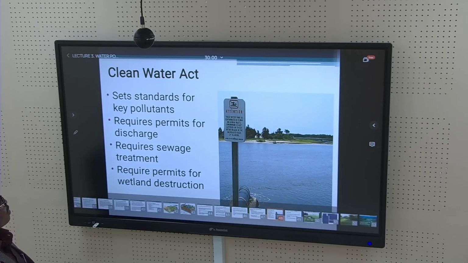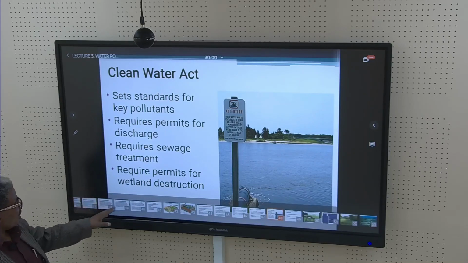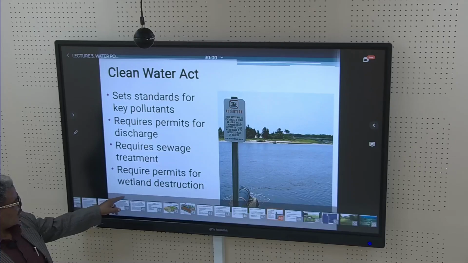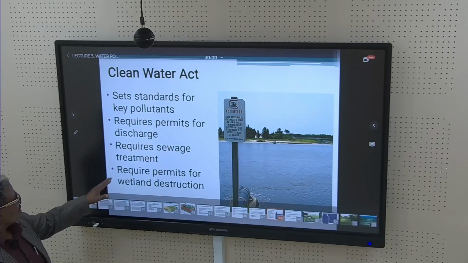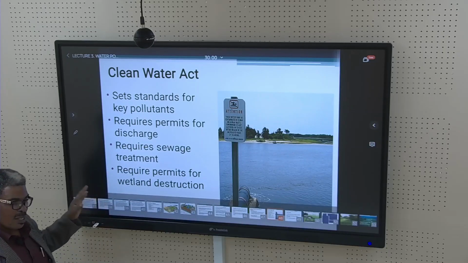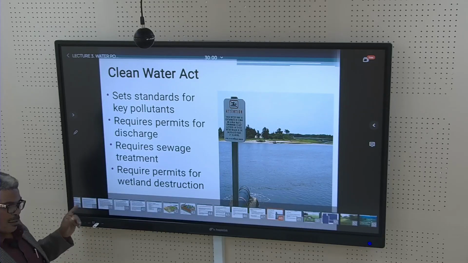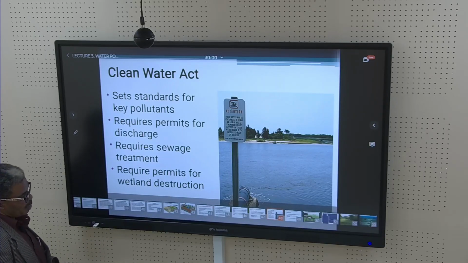So some laws should govern how to dispose of waste, how to allow wetland construction or other activities, and how the sewage system should be conducted. There must be laws in place to control water pollution.